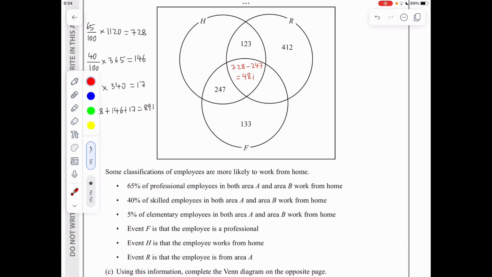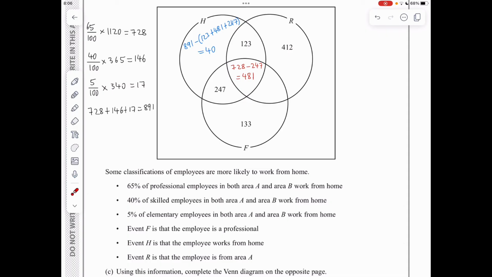So to find the number that should be going here, I simply need to do 891, which is the total number of employees working from home, minus all the numbers that appear here. So minus 123 plus 481 plus 247, and this turns out to be 40.